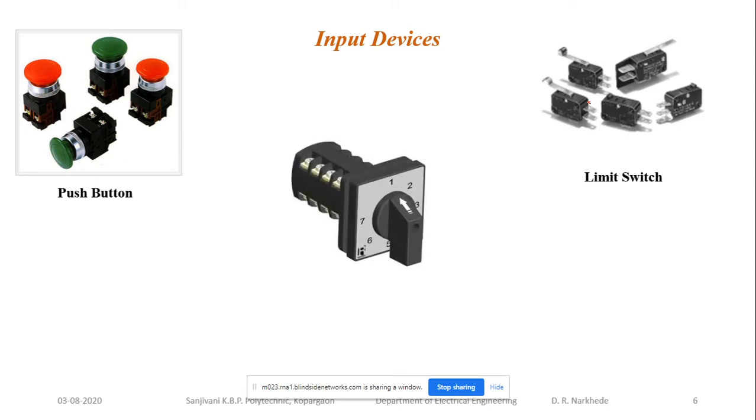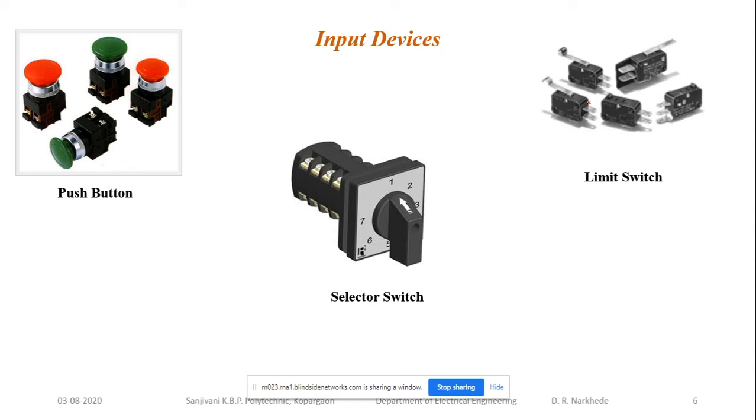Then the third commonly used switch is the selector switch. If you want to select multiple options, a simple example of this selector switch is the regulator. फॅनचं रेग्युलेटर आहे ते एक सिंपल एक्झाम्पल आहे सिलेक्टर स्विचचं. With this we can select the multiple speed. Okay, so if I switch on the fan with the help of a button, I can operate the fan at different speeds with the help of the selector switch, ज्याला आपण regulator म्हणतो. तो regulator is example of selector switch.